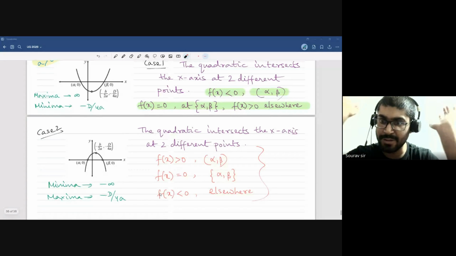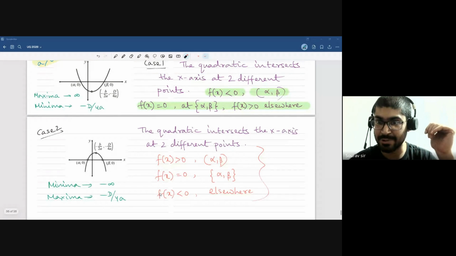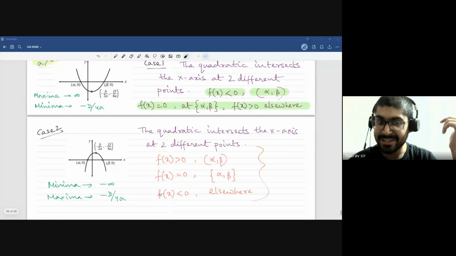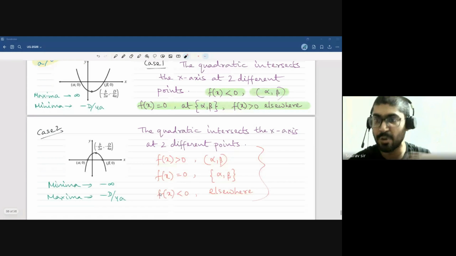The maxima is always infinite. Similar logic can be applied to the second case as well. If you have a quadratic equation like minus 2x square plus 3x plus 5 and you get an extrema as 6, then you must know that it is the maxima, because in case 2 the graph will go infinitely downwards. So whatever extrema you get has to be the maxima, because minima is never ending. It will keep going downwards.